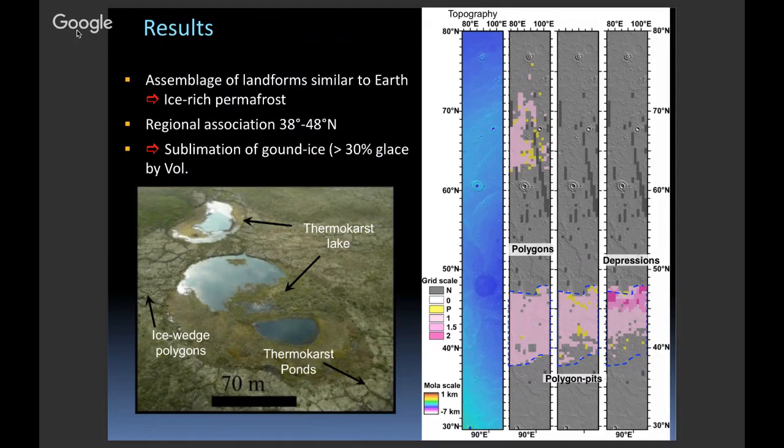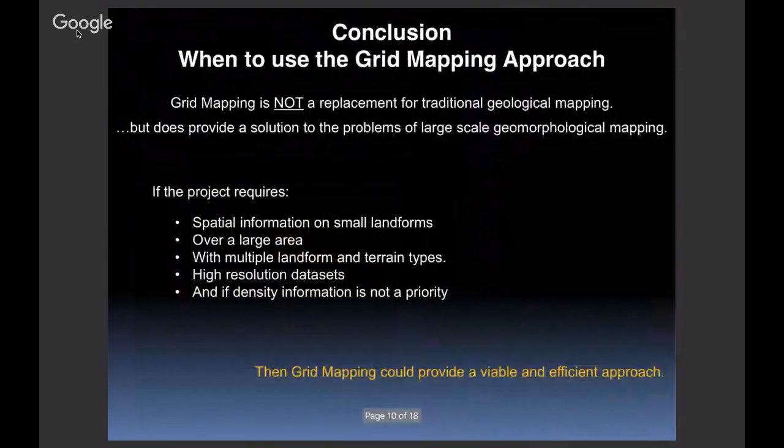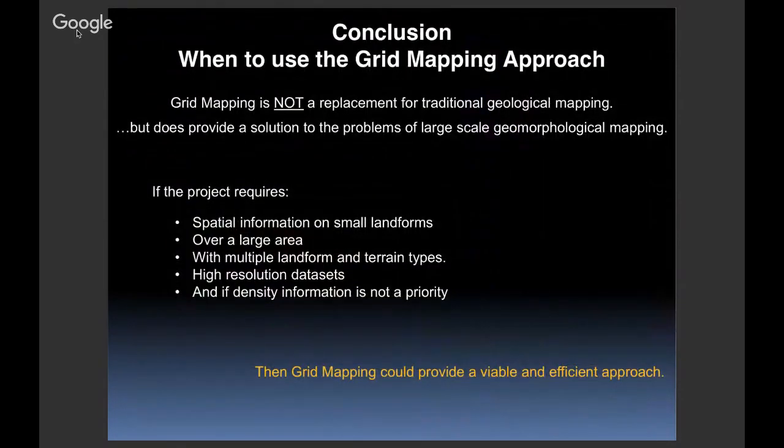In Siberia, in Yakutia, you may have something like 30% of ice by volume in the permafrost in those Yedoma areas. And the subsequent melting or sublimation of that ice-rich ground ice will produce these scallop depressions, thermokarst depressions, polygons, and so on.